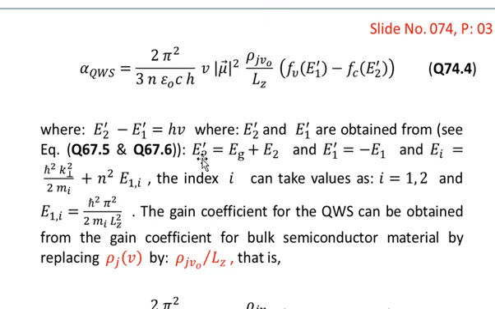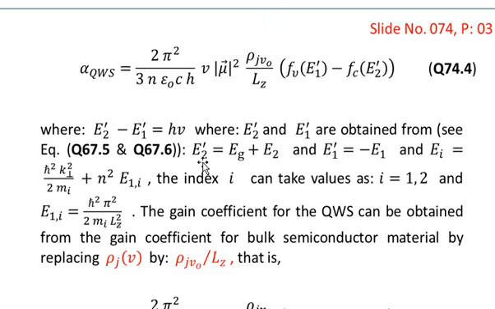So here we are given the values of E2 prime is equal to Eg plus E2, because we are now setting the reference at the top of the valence band, and from that one we are measuring the energies in the conduction band and the energies in the valence band.